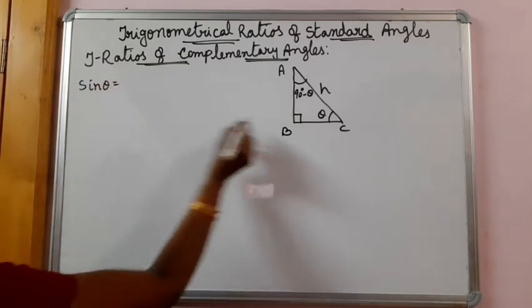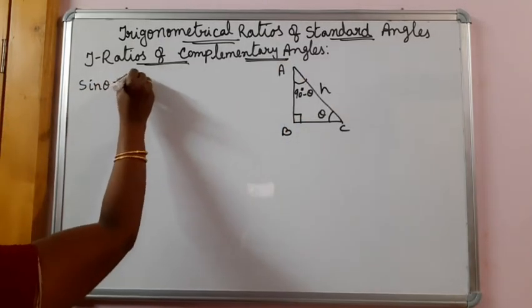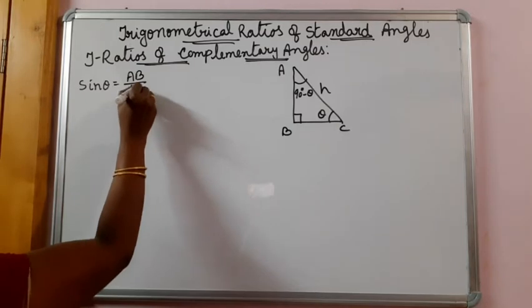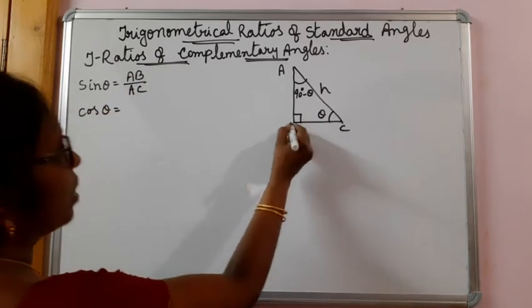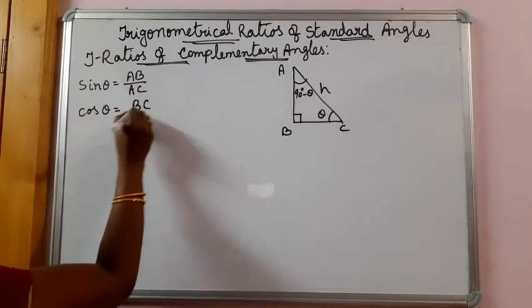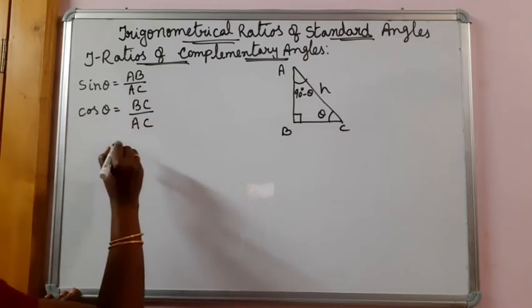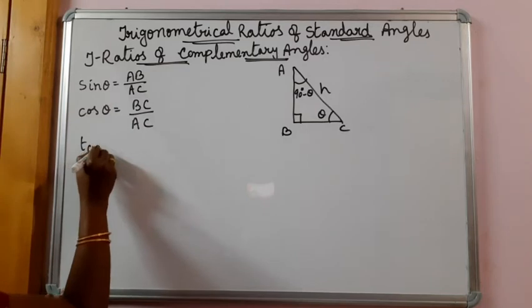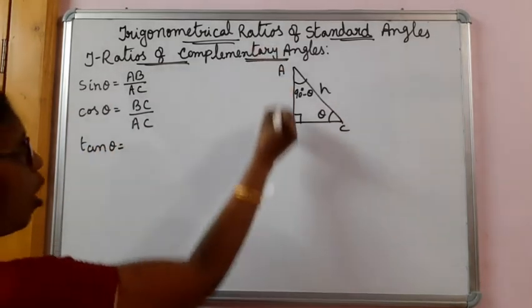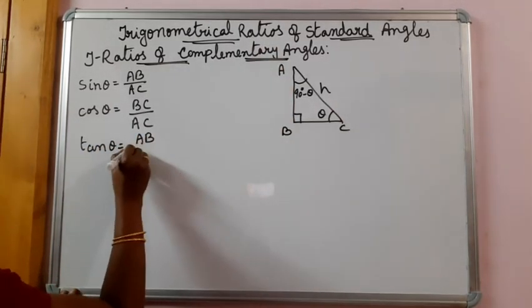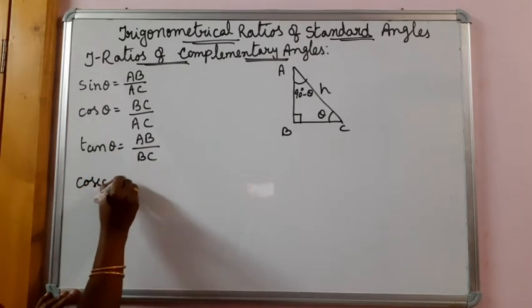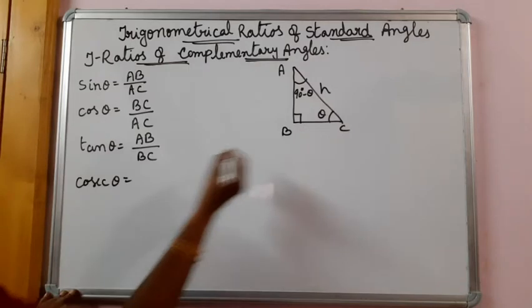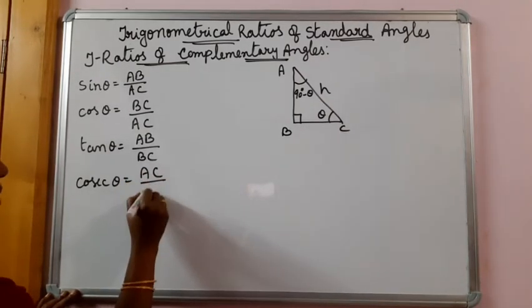Sin theta is opposite side AB by hypotenuse AC. Cos theta is equal to adjacent side BC by hypotenuse AC. Tan theta is equal to opposite side by adjacent side. Cosec theta is equal to hypotenuse by opposite side, AC by AB.